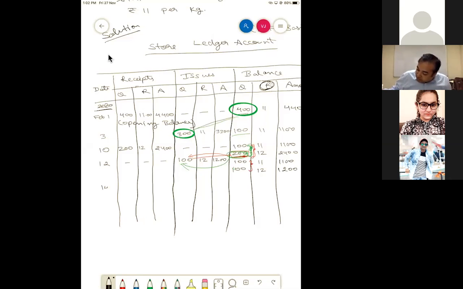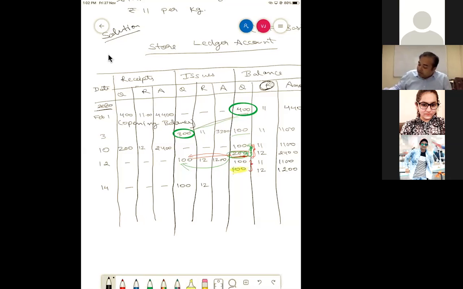Now, next date we will take. Next date is 14 February. Again, we are making an issue. So, what is the quantity on 14 February? 200. So you see the last one. First, we will be issuing the thing shown in yellow color, that is 100 at the rate of 12.